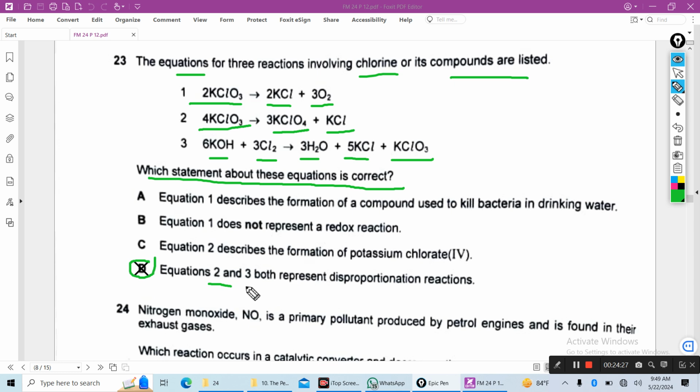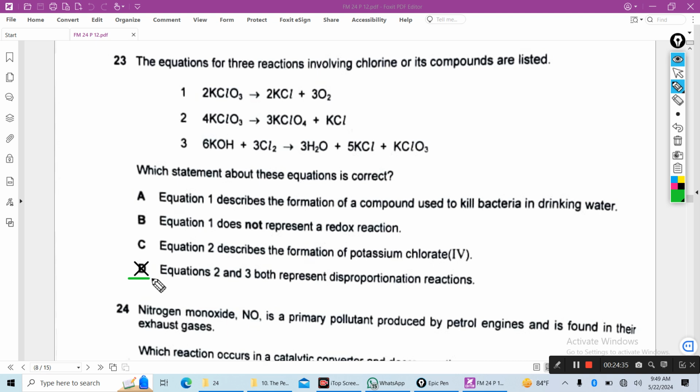Equations 2 and 3 both represent disproportionation reactions, in which an element is simultaneously oxidized and reduced. So here chlorine's oxidation number is +5, here +7, here -1.